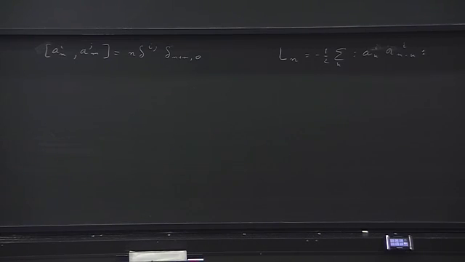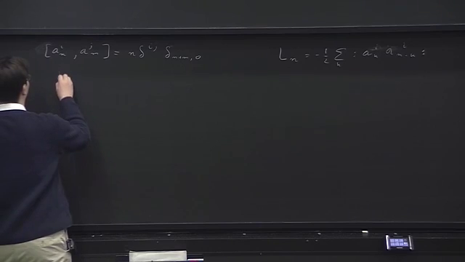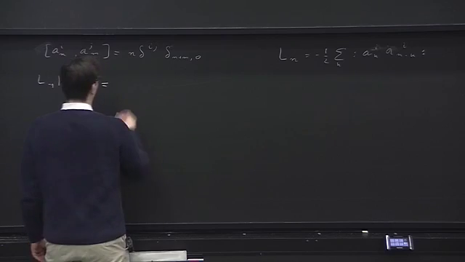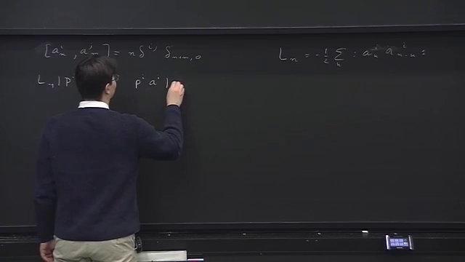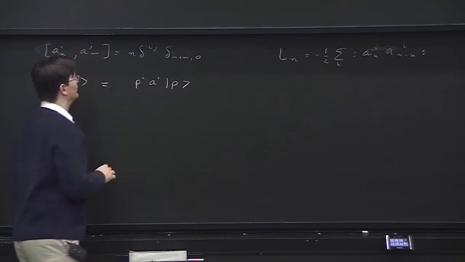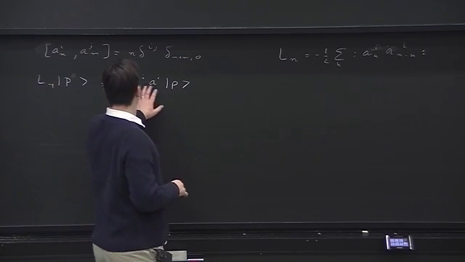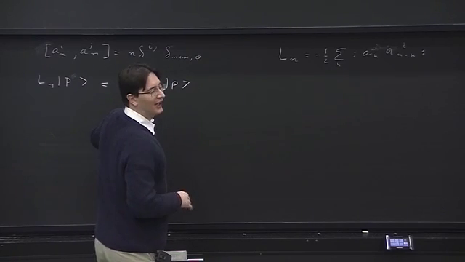For example, if I act on some state with momentum by L minus 1, I get something like A_I. So I don't get all the A_I P's, but only the one aligned along the momentum.